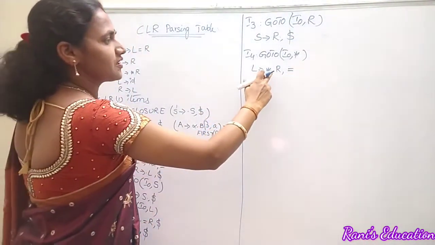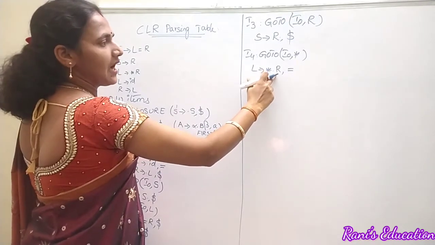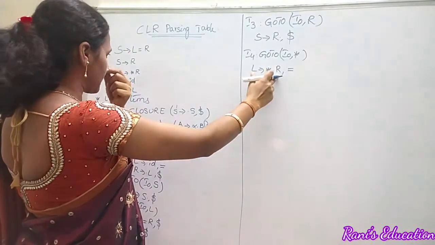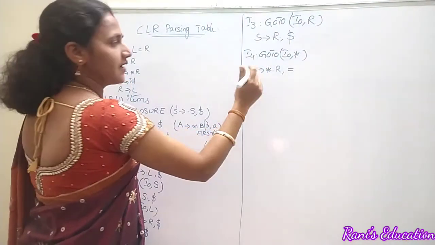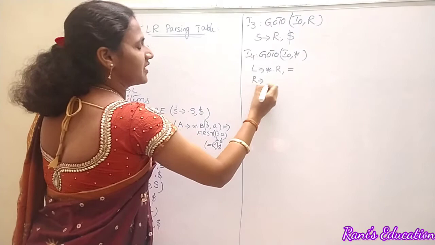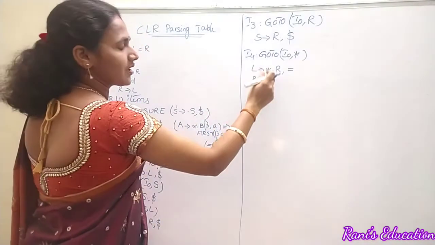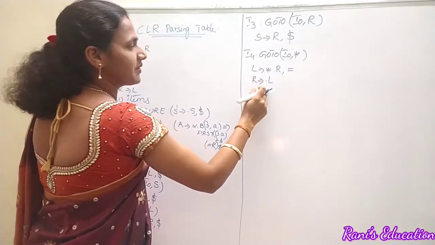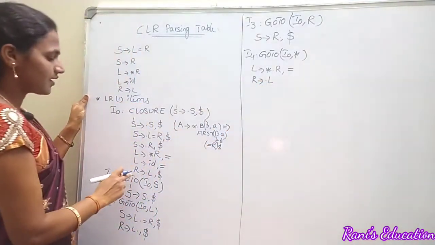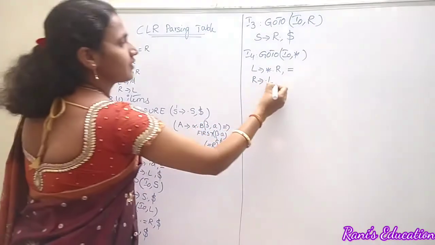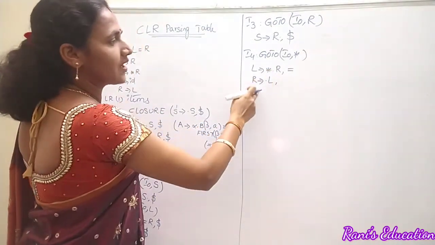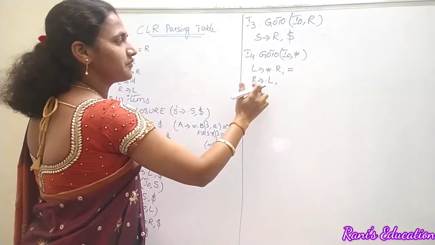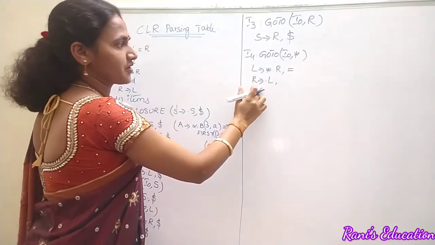After changing the dot position, we have a non-terminal, that is R. So we are supposed to include R productions in this I4 item, in the way we have defined in I0. What are the R productions we have? That is R→L here, right? In what way have we represented it in I0? That is R→dot L, right? So what is the look ahead for this? With respect to this production, we have written this R production, isn't it?